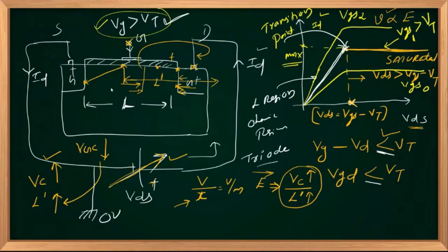Right? And this behavior, you see here, is that input voltage VGS creates an output current, or drain current, and that drain current increases as my VGS is increased.